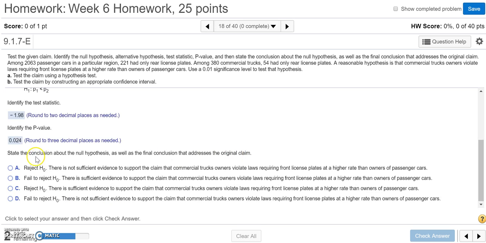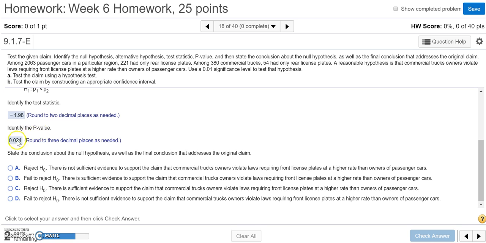So now we are asked to state a conclusion about the null hypothesis as well as a conclusion about the original claim. So what I notice here is my p-value is 0.024. That value is larger than my significance level, which was 0.01.